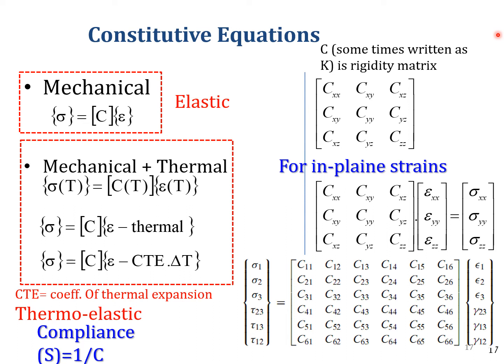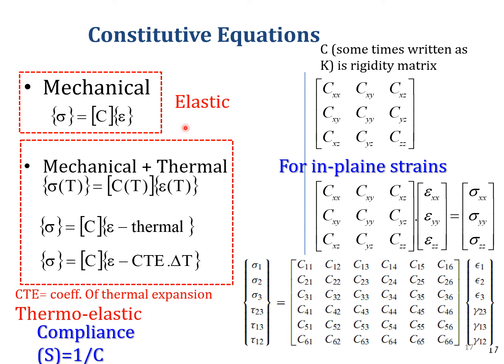So when we apply load, there are several possibilities for the constitutive equation, or you can say Hooke's law, which is stress equal to constant into strain. First, only mechanical load is applied, so the equation will be very simple.